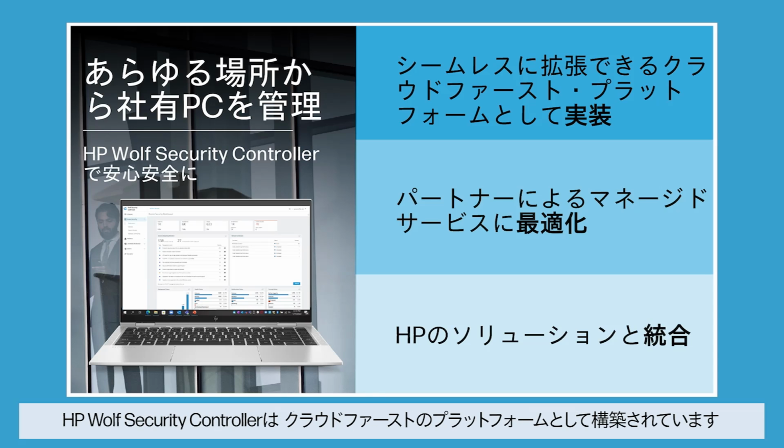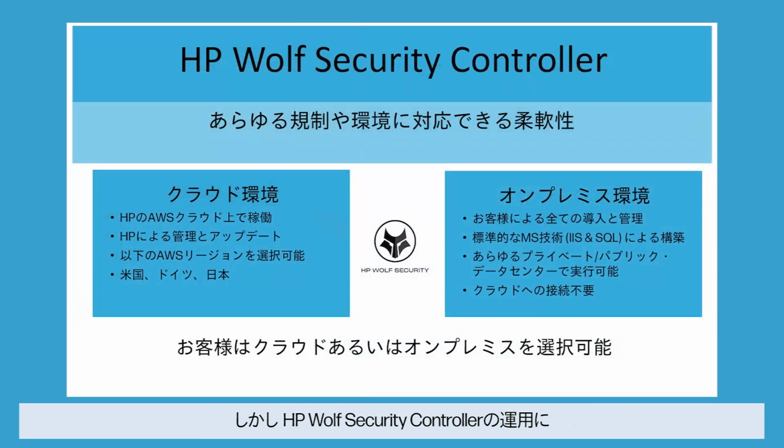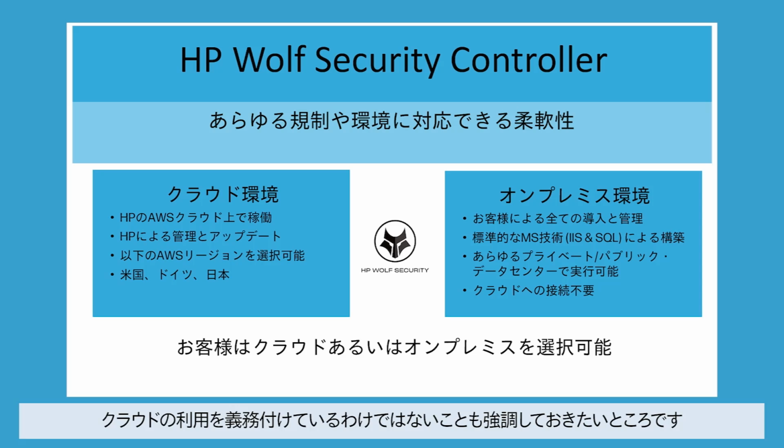We've built our Wolf Security Controller as a cloud-first platform, but I think it's also important to highlight that we do not require customers to use the cloud for running the Wolf Security Controller.